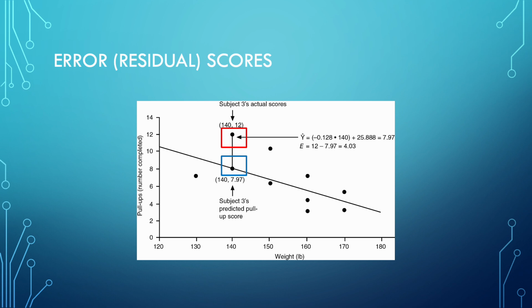We predicted that at 140 pounds, they would do 7.97 pull-ups specifically. So when we're calculating the error score, we're calculating the difference between those 2 points. Our error score is what they actually got, which is 12, subtracted by what we expected them to get, where we expected that point to hit on the line, which was 7.97, to get an error score of 4.03.